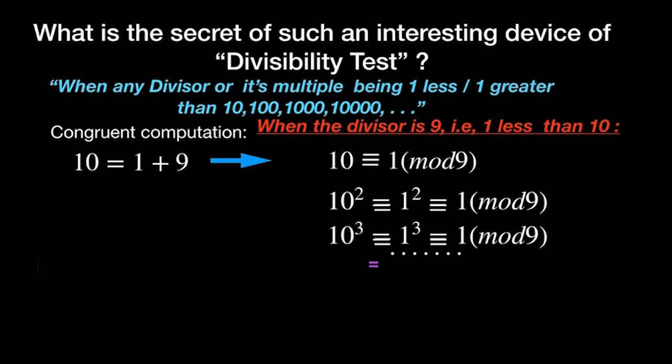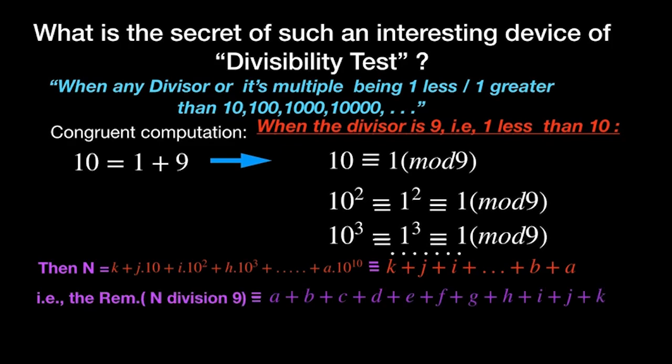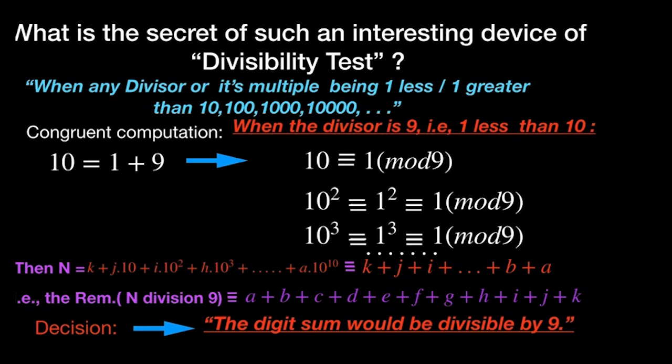So in this way, the remainder value of the number n can be computed like this, and we get the decision: the sum of its digits will be the remainder, and therefore the decision is that the digit sum should be divisible by 9.